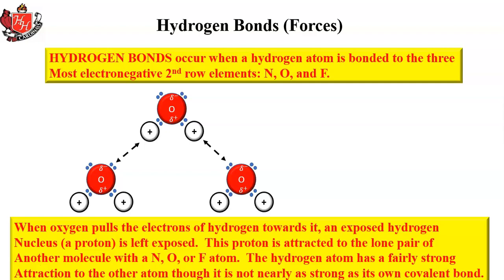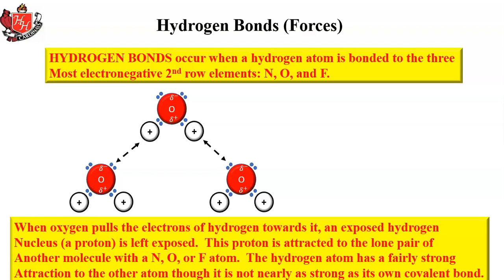So when oxygen pulls the electrons of a hydrogen towards it in a water molecule, these are water molecules you're looking at, an exposed hydrogen nucleus, which is simply a proton, is left exposed. This proton is attracted to the lone pair of another molecule of nitrogen, oxygen, or fluorine. The hydrogen atom has a fairly strong attraction to the other atom, though it is not nearly as strong as it is to its own covalent bond.